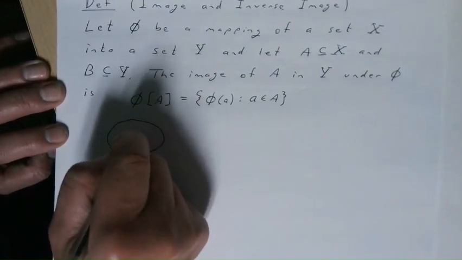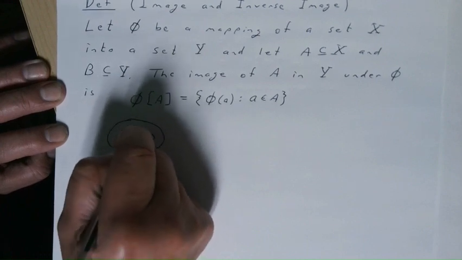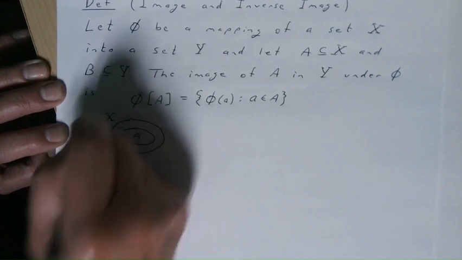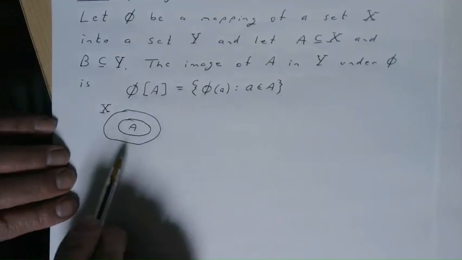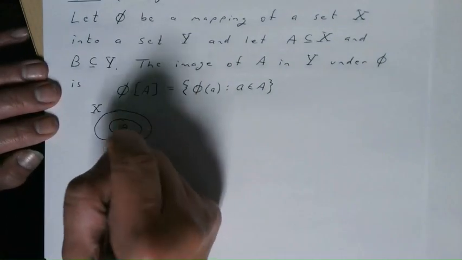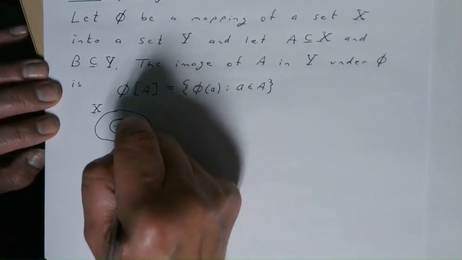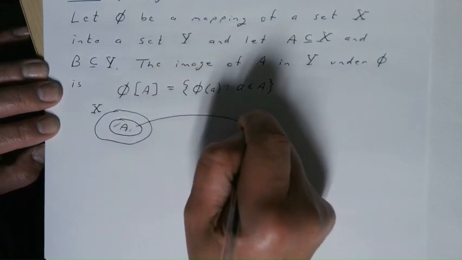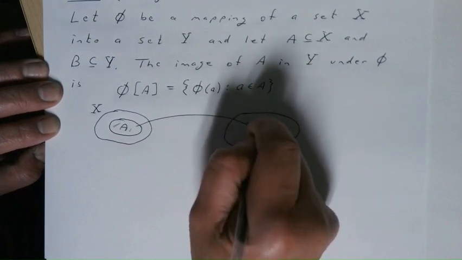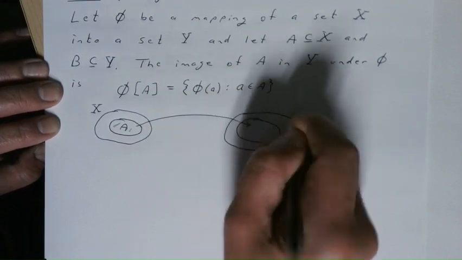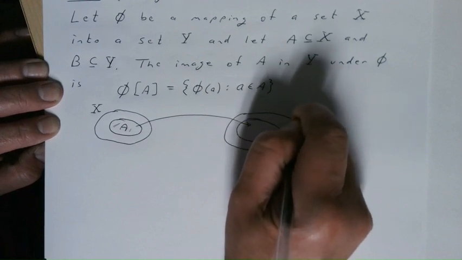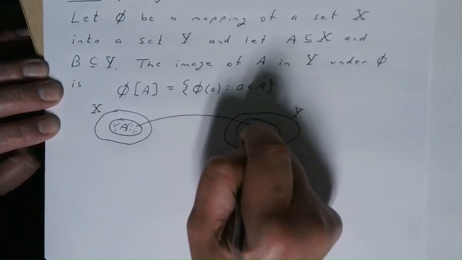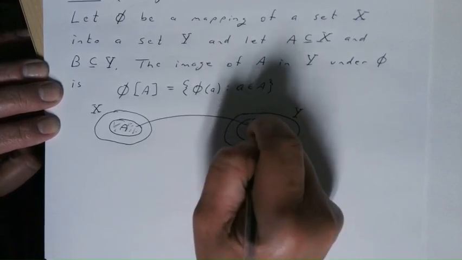So you have some kind of a set here, A, a subset of X. Again, it could be all of X or part of X. And then phi maps it to something in Y. Again, Y is over here, and phi of A is here.